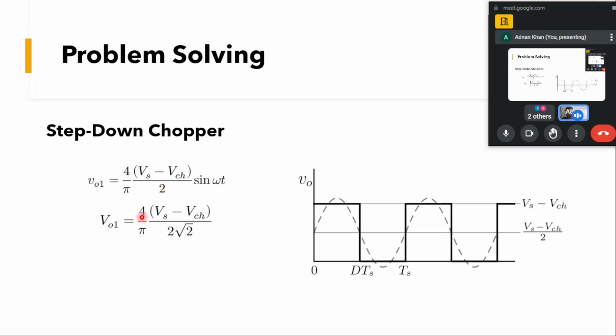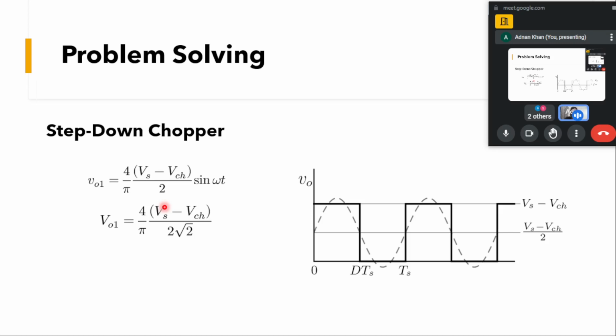So our RMS value will be V naught 1 equals 4 by pi times (Vs minus Vch) by 2 root 2. Now Vs is given to us, Vch is given to us, and if you put the values here, we can get the answer. Can anyone do the calculations and put in the values of Vs minus Vch? I'll give you a minute or so. Vs is 220 volts and Vch is 2.